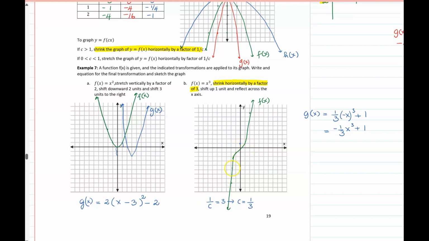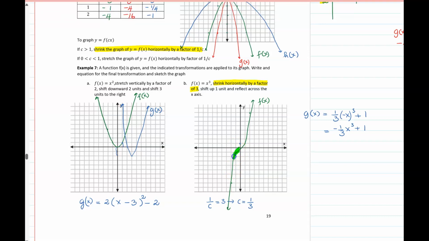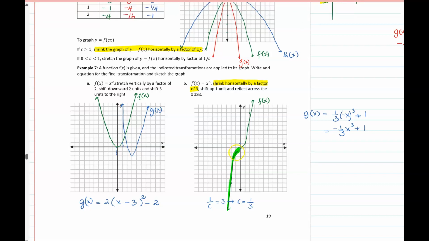So let's think about it. Take this highlighted portion of the graph, and we rotate it about the x-axis, then shrink it by a third. So when x equals -1, y equals -1, and this will be shrunk.